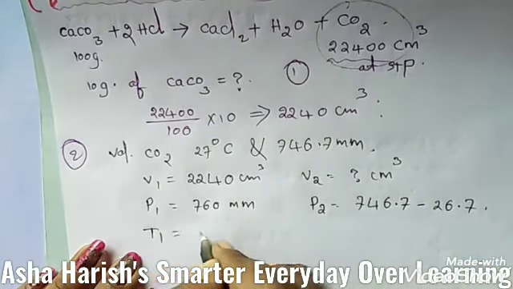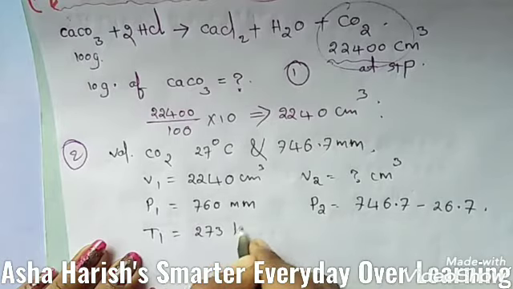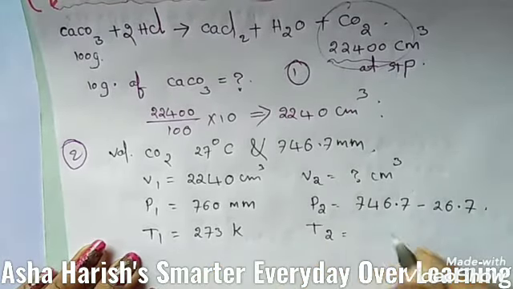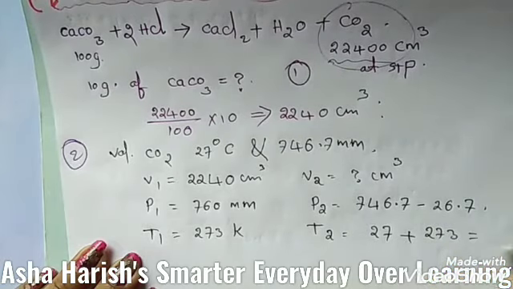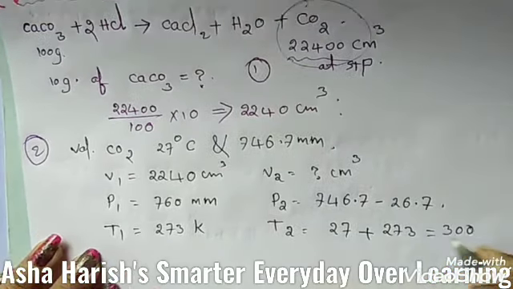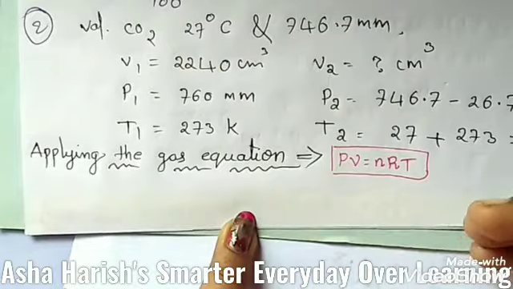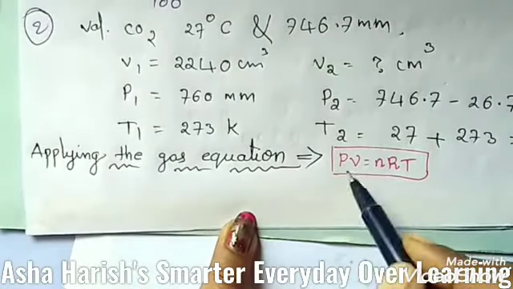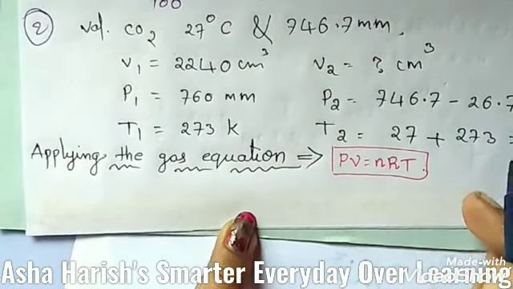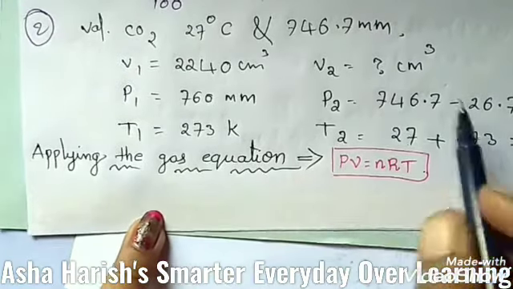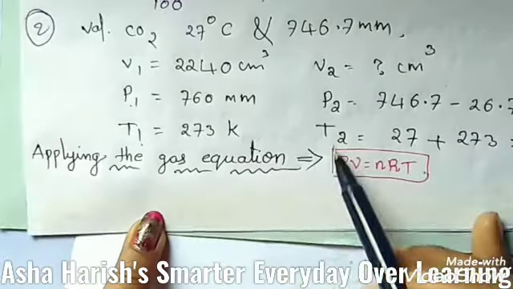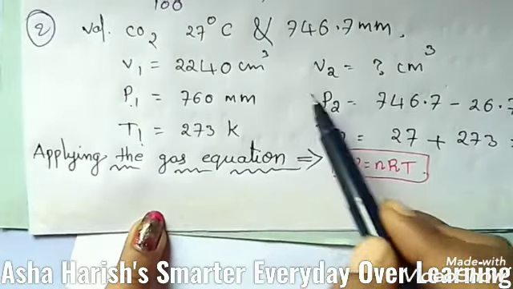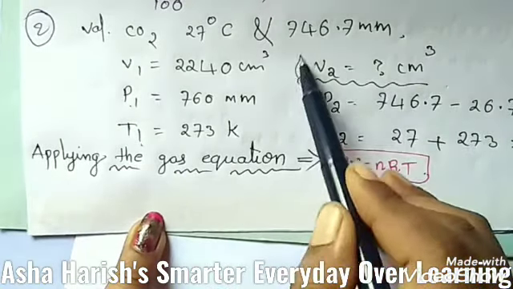Coming to temperature, T1 is equal to 273 Kelvin. T2 is equal to 27 plus 273 Kelvin. That is 300 Kelvin. Now applying the gas equation, that is PV is equal to nRT. Now we have V1, V2, P1, P2, T1, T2. From these values you should calculate that V2.